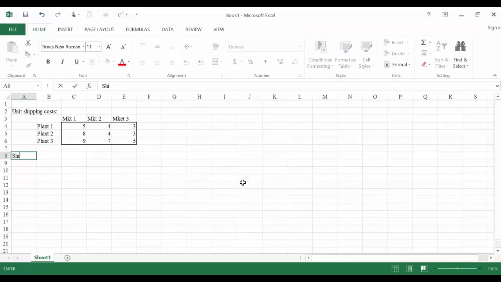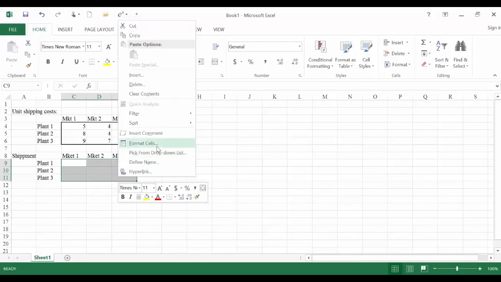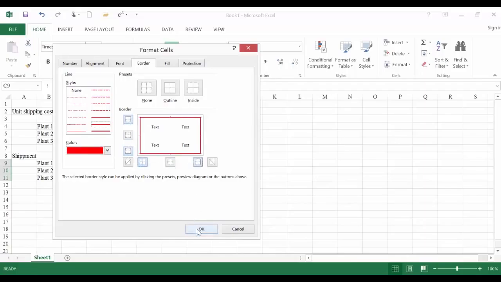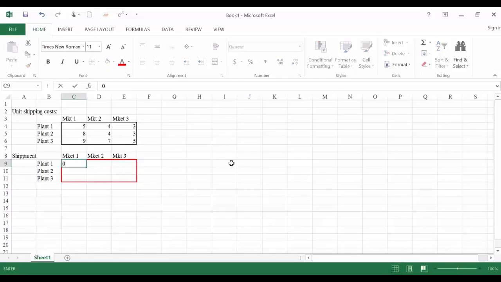Decision variables, or simply we can specify as shipment. Initially, we ship 0 from each plant to the different markets, and let Solver find the optimal solutions.